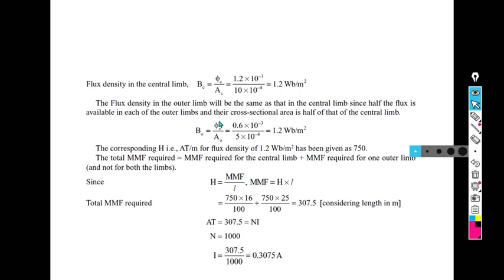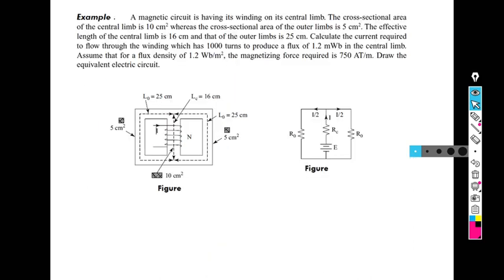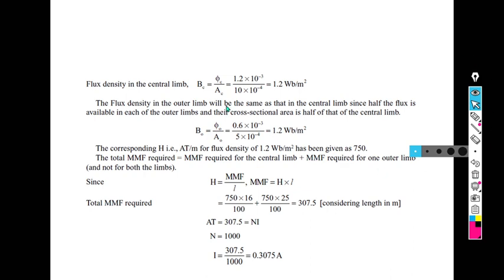Now what would be phi naught? Because both reluctances are the same, you can take half of the flux. 1.2 is the total flux, so half is 0.6 into 10 to the power minus 3, by 5 into 10 to the power minus 4. So 1.2 Weber per meter square.